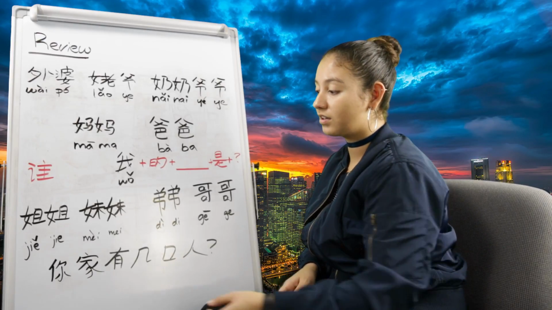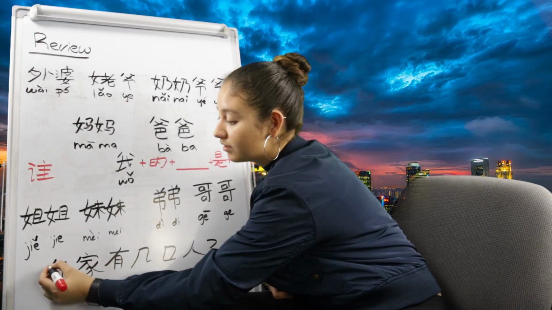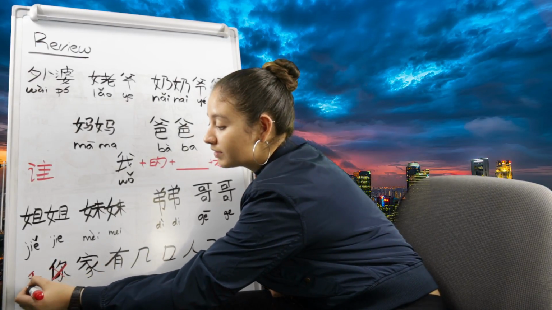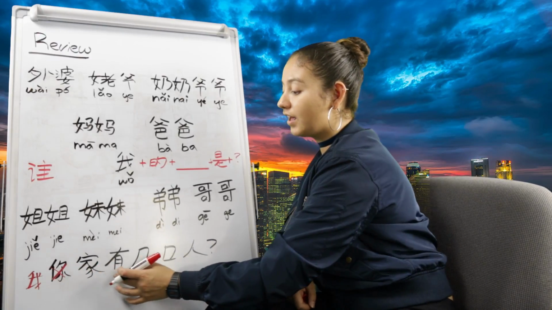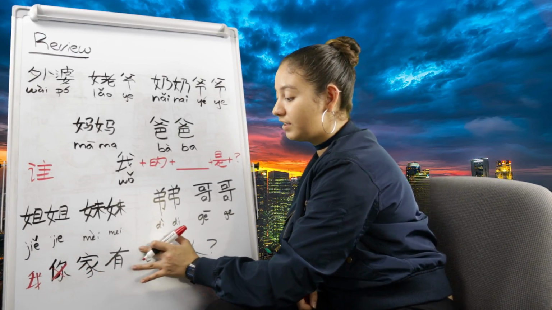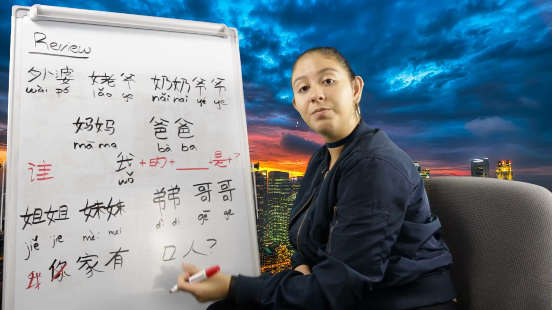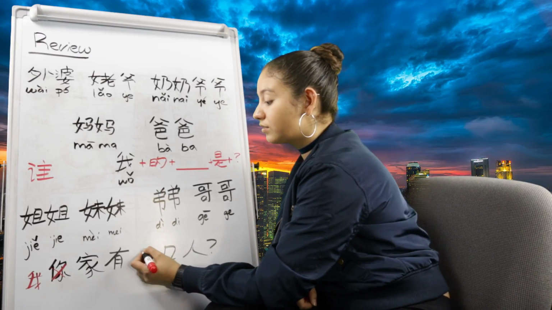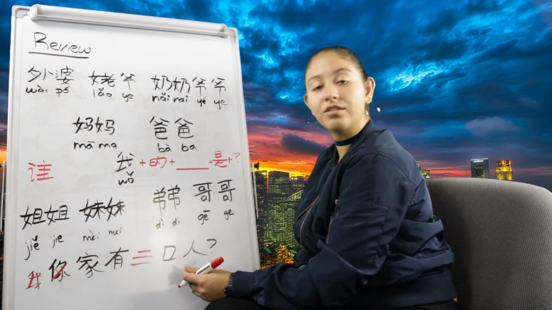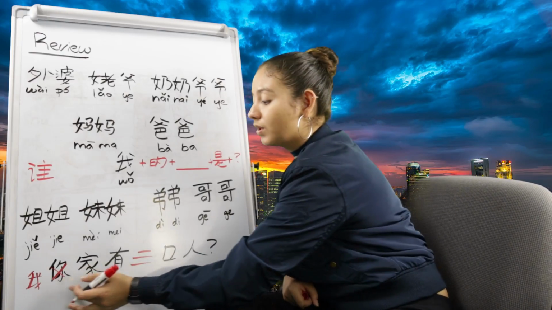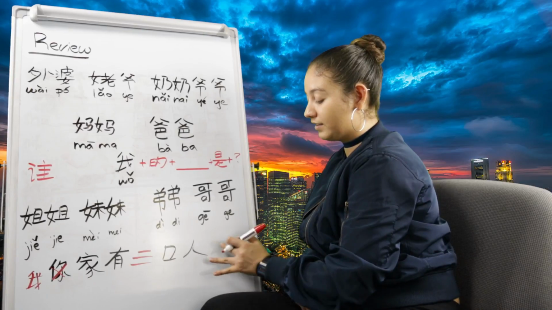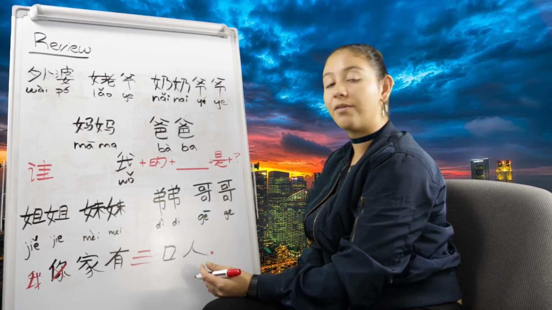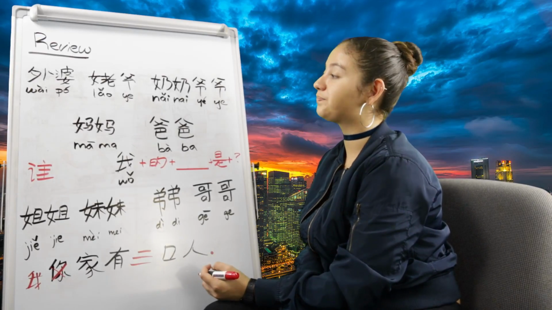So you would answer, you would take out 你, put 我, because now you're talking about yourself. So 我家有, take out 几. I have 3 people in my close family, so I would put 3口人. 我家有3口人. Take out the question because this is a statement. I have 3 people in my family.